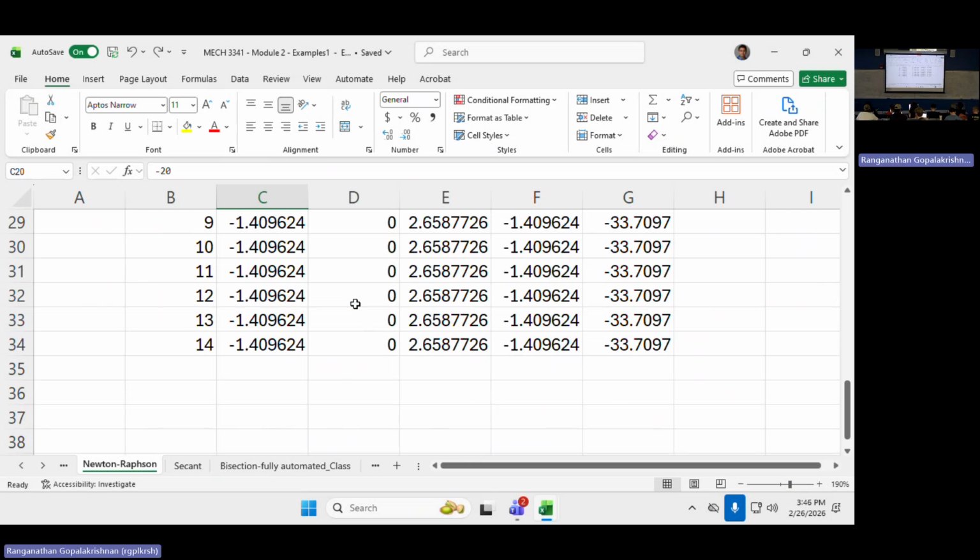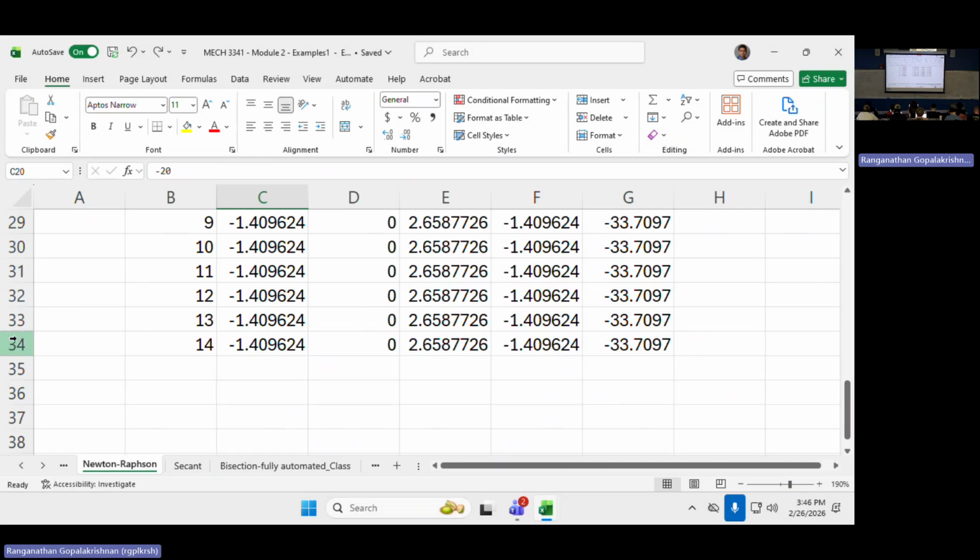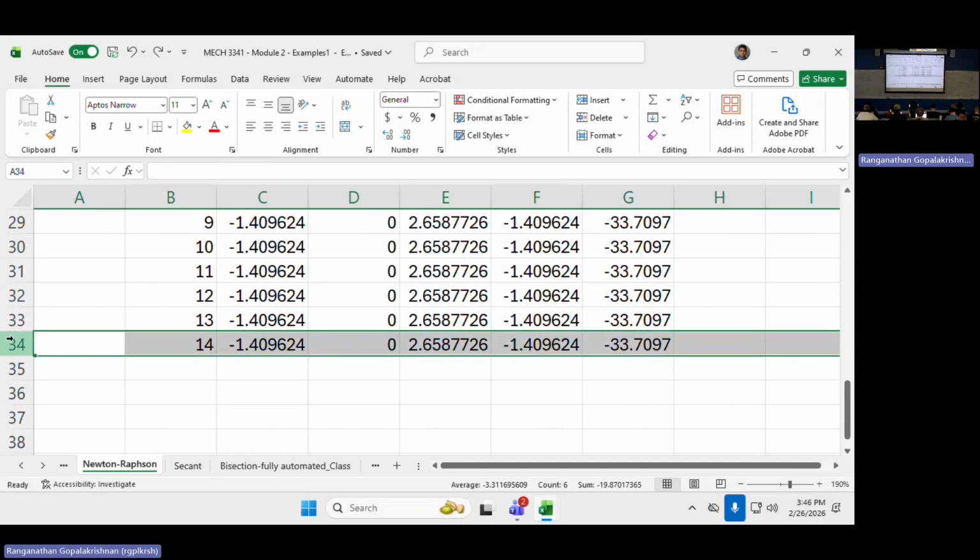Trying to find the root that you have no way to guess. There might be multiple roots, and not all of them may be meaningful for the problem you're solving. Like this represents a physical quantity which cannot be negative. So obviously the negative root is not useful for us. So you always have to pay attention to the physics or the physical constraint.